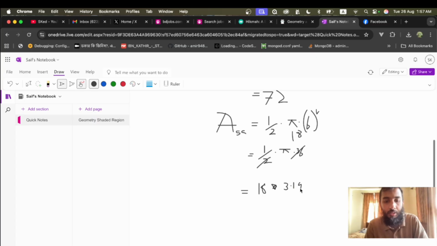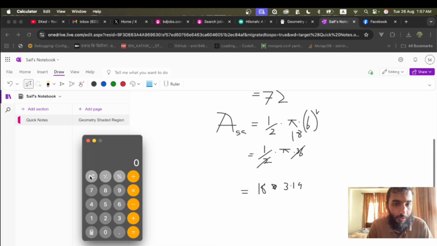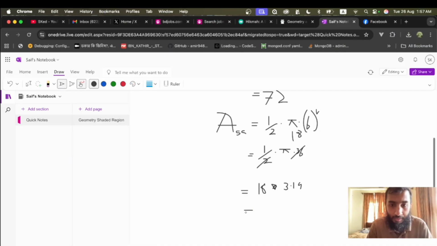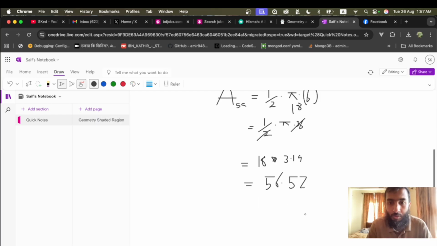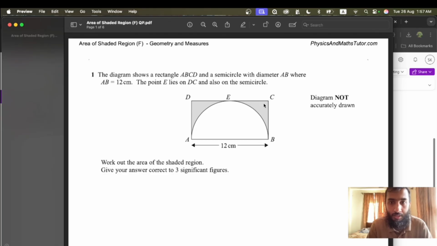If I use the calculator and multiply 18 with 3.14, it would be 56.52, roughly 56.52. So this is the area of the semicircle, right? This semicircle.